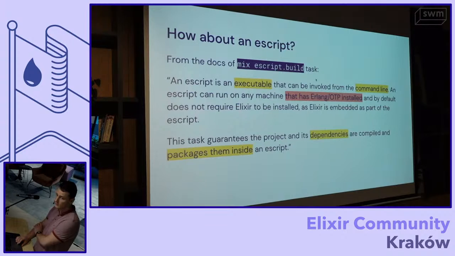It generates a command line tool, like an executable. So that's what we want here. The downside is that it still requires Erlang to be available on the machine. But since this tool is addressed to the Elixir community, I guess I could live with that.